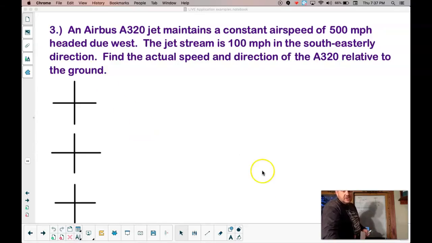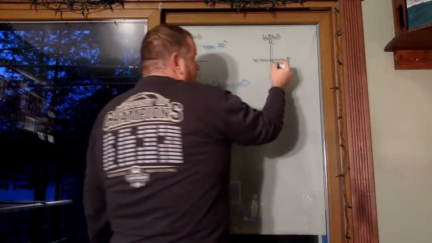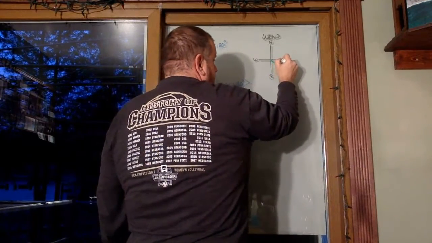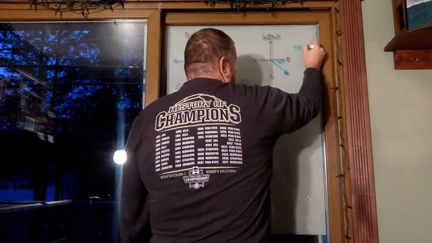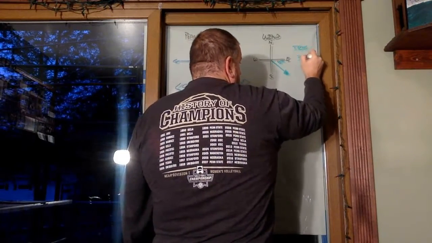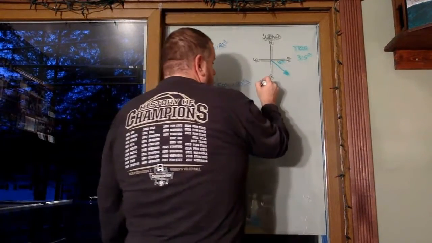So that direction is down this way. We're going to assume that this is a 45-degree angle. So that puts my trig angle at 315 degrees. It's at 100 miles an hour.